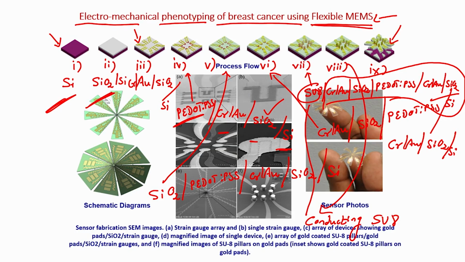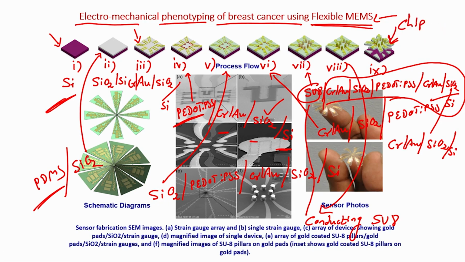On this silicon dioxide, if I have PDMS, then I can detach it at the ninth step. If I do not have PDMS, then I cannot detach my sensor or my chip from the substrate.